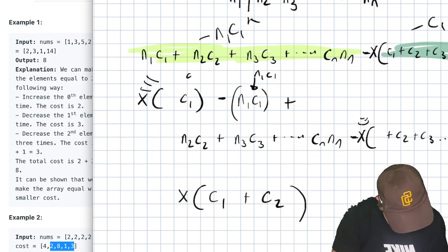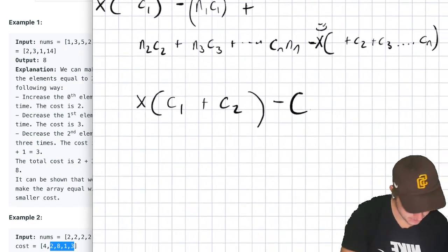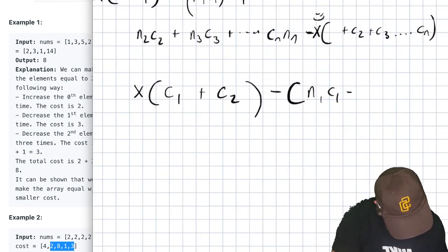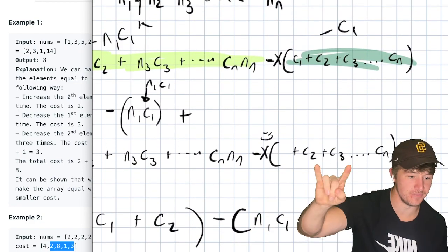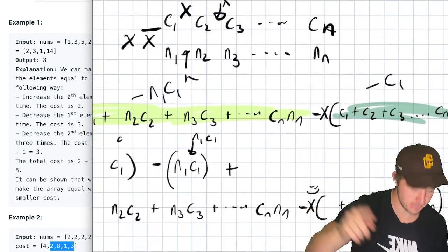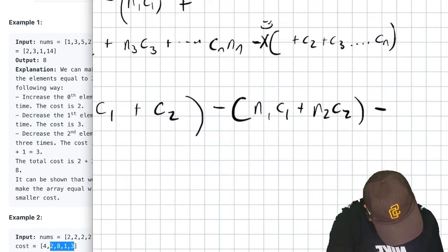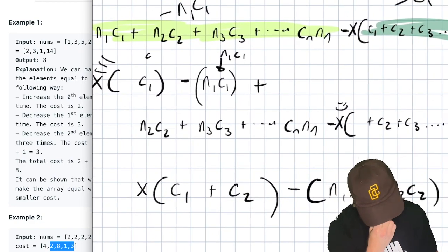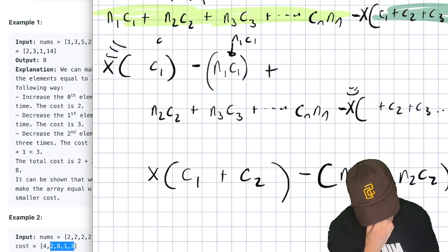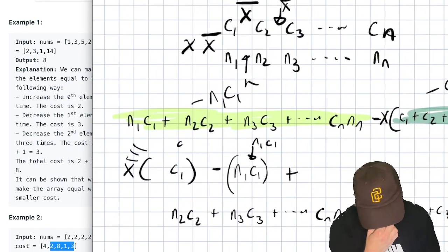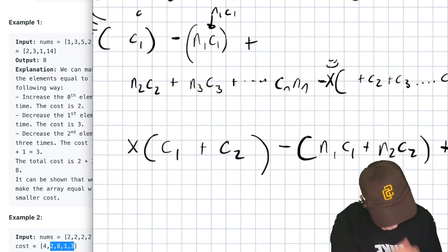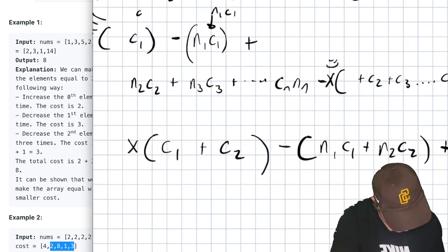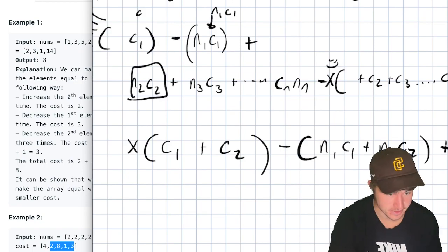I would add N2C2 to this mix. Then I would subtract N2C2 from this mix and from this mix. Because on this side, it's adding that, so you subtract that out. So then now would be N3C3, because I'm subtracting out this N2C2.